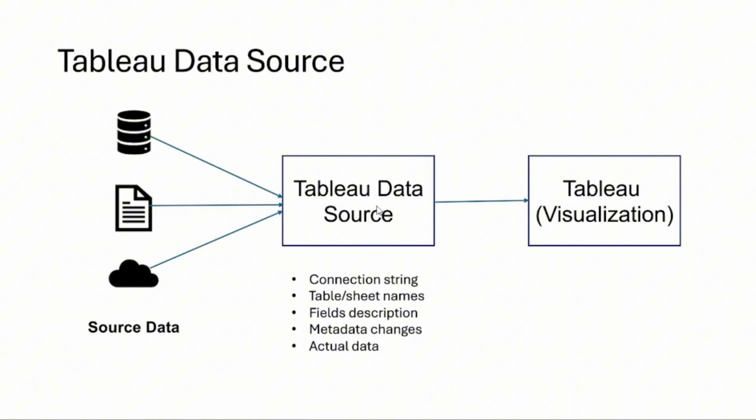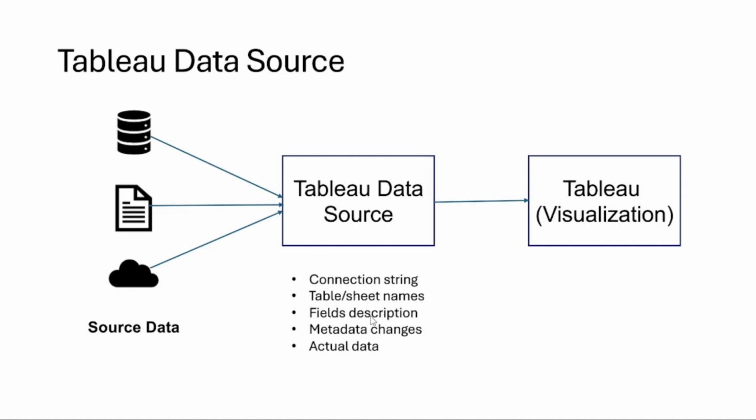Now, what kind of information is held in the Tableau data source? What are the components of it? It contains information related to the connection. The connection is the database to which you connect, and information about that connection is present in the Tableau data source. It also contains information about the tables, or the sheets if you are connecting to a flat file, and also about the columns.